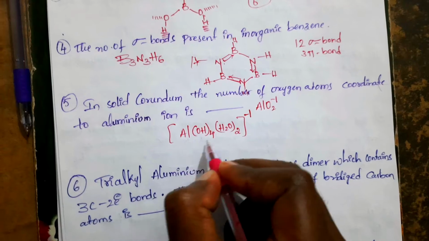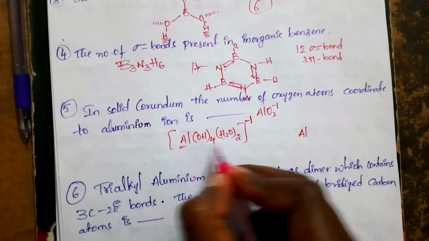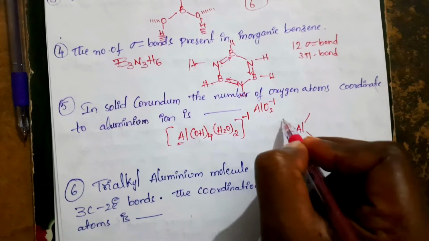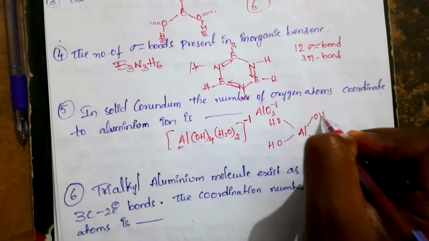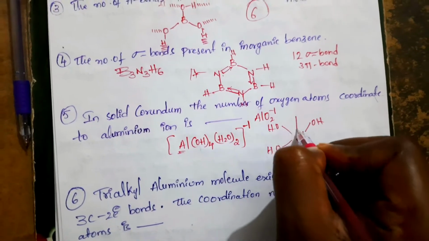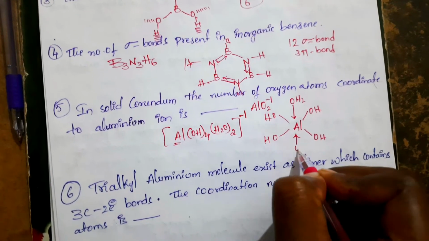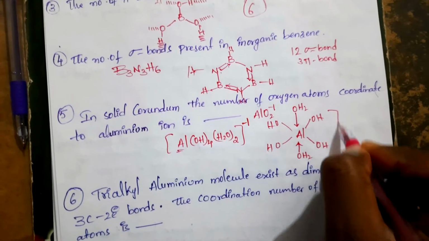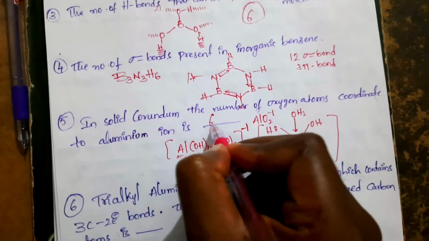What is the coordination number of aluminum? This aluminum is bonded with 4 OH groups directly through oxygen and 2 dative bonds with the 2 water molecules. So its coordination number will be 6.